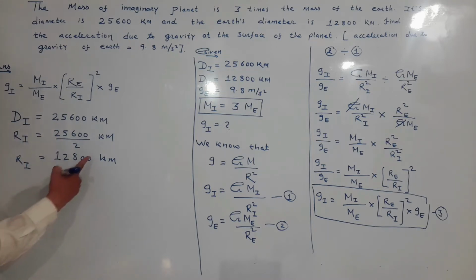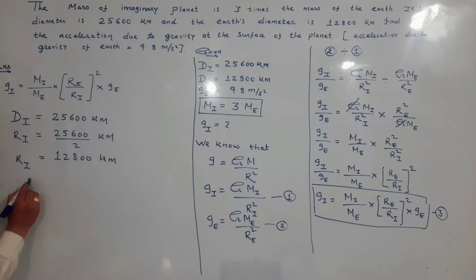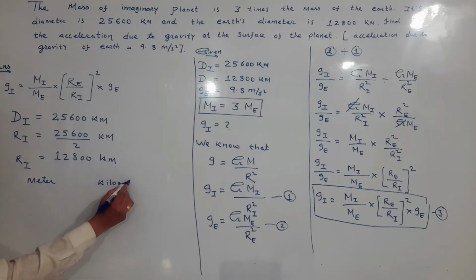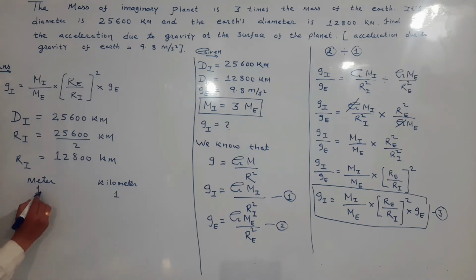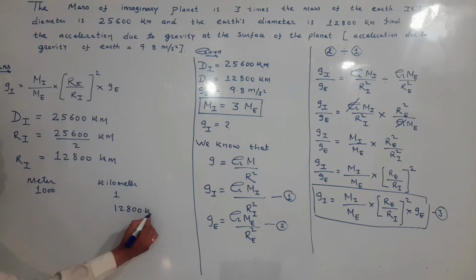So we will convert this kilometer into meter. 1 kilometer is 1000 meter. So 12800 kilometer is equal to x.